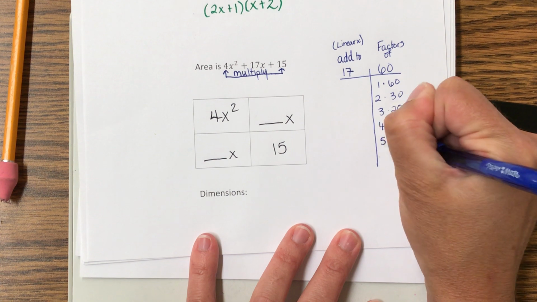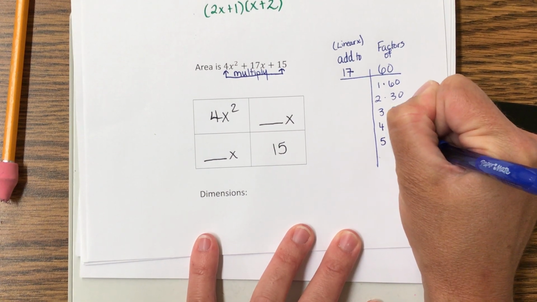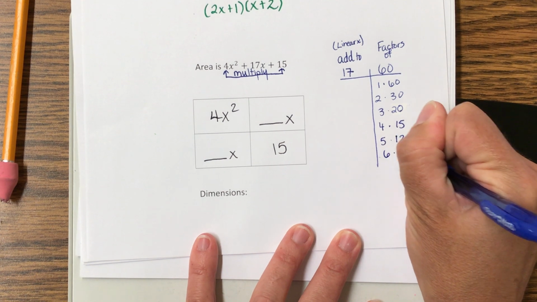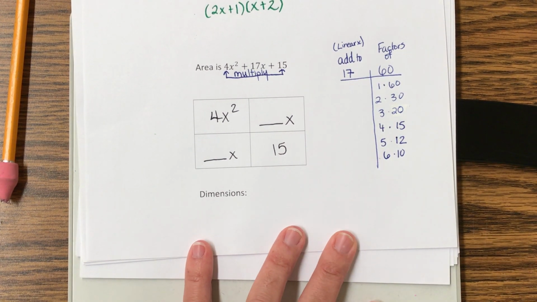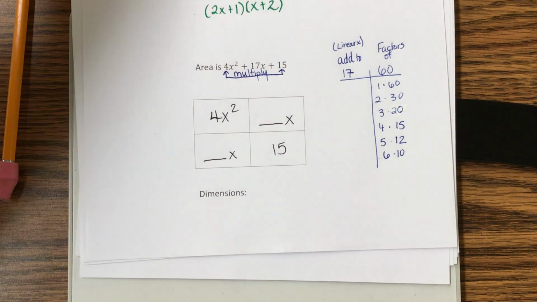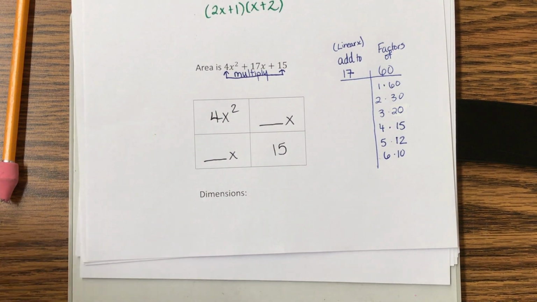Yes, 5 and 12. What about 6? Yes, we know 6 will. 6 and 10. Will 7 go into 60? No. Will 8 go into 60 evenly? No. Will 9 go into 60 evenly? Let's see. No. So we've met in the middle. We've now listed all of our factors of 60.